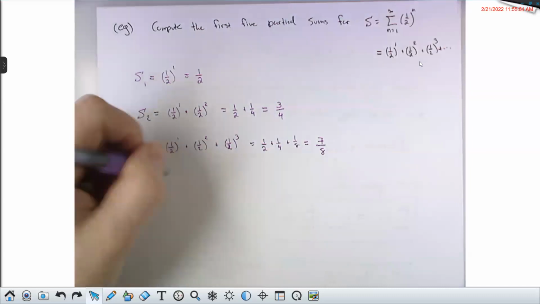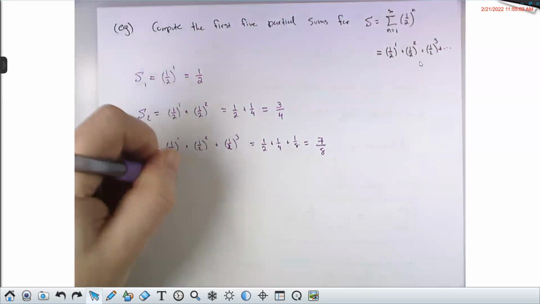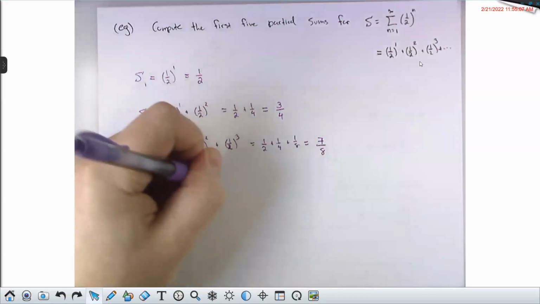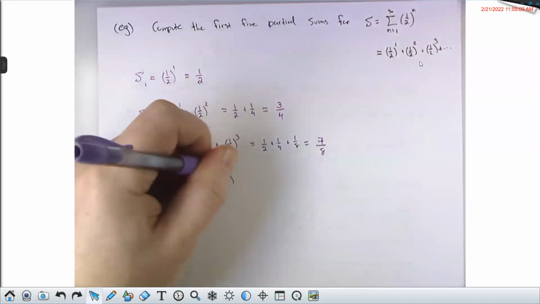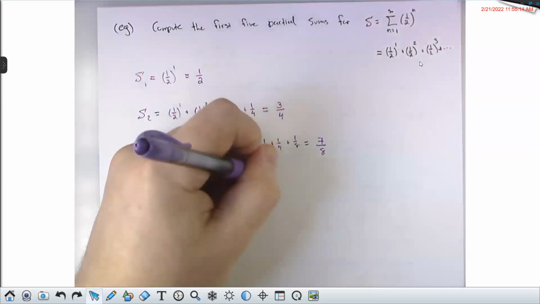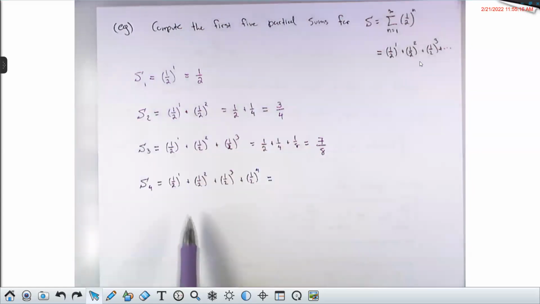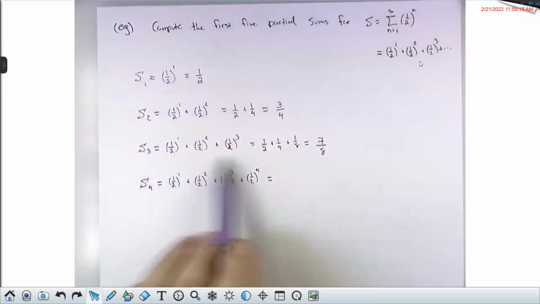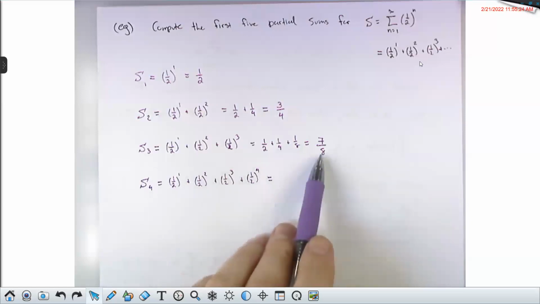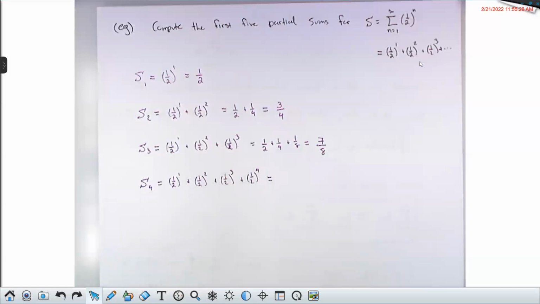S4 would be 1/2 to the 1 plus 1/2 to the 2 plus 1/2 to the 3 plus 1/2 to the 4. And what you might notice is that, compare S3 and S4. The first 3 terms here are the first 3 terms here. I know that that adds up to 7/8. I just did that.